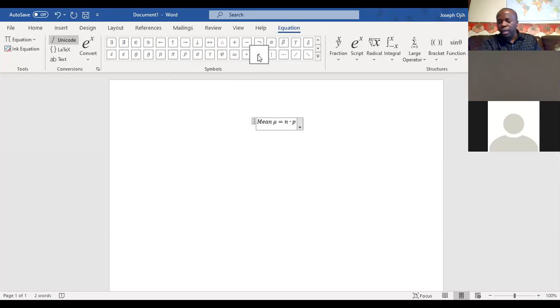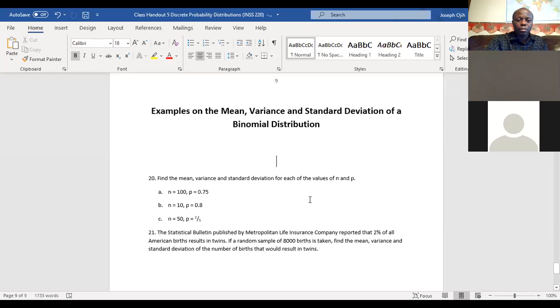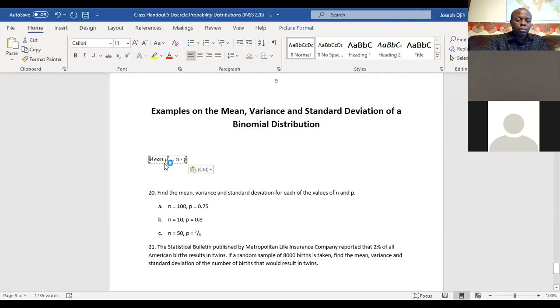Let me copy it and paste it there so you can see it. The mean is n times p. Let me make it bigger.